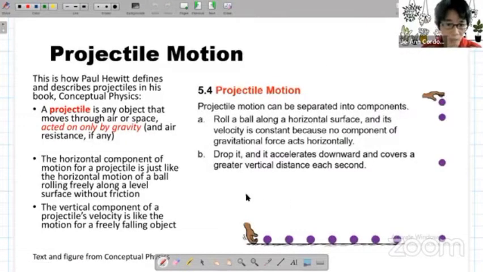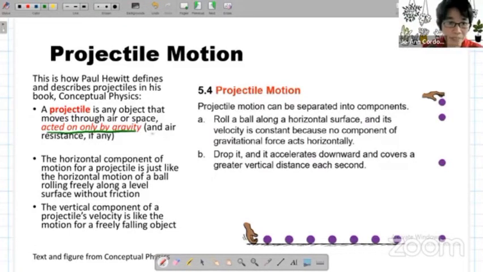Okay, so what is a projectile? The first condition we need to set is what are the forces affecting the motion of a projectile. Here you can see that Paul Hewitt says that a projectile is any object that moves through air acted upon only by gravity. So only the force of gravity is supposedly acting on the motion.